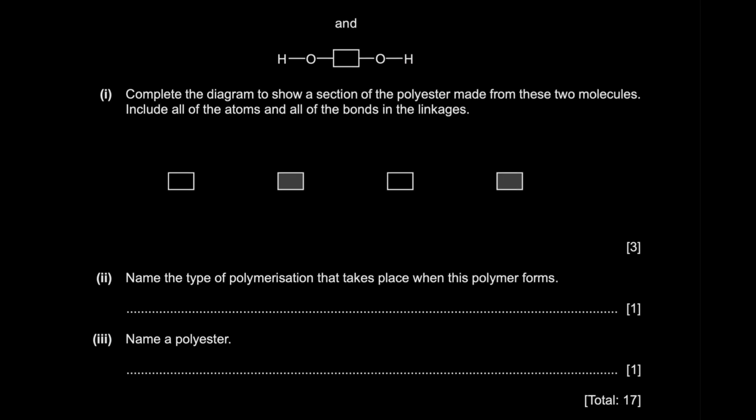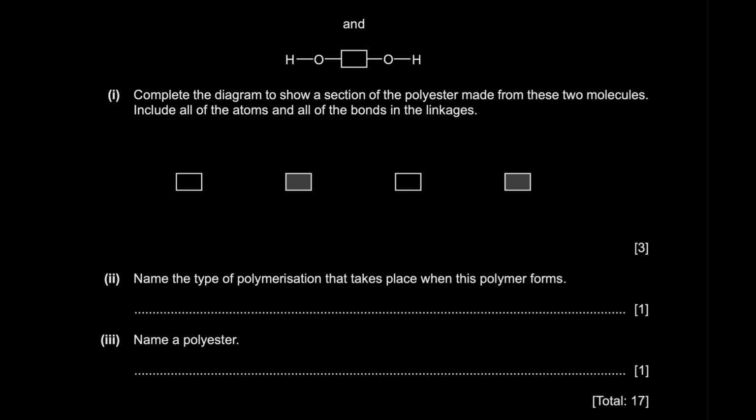Polyesters. Complete the diagram to show, okay, this is the acid part. They've given us plenty of room. Very generous. Remember to flip it.